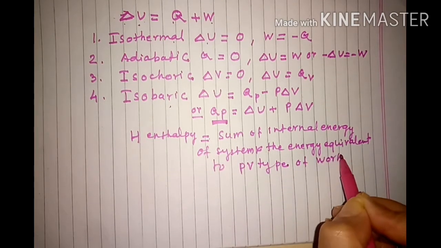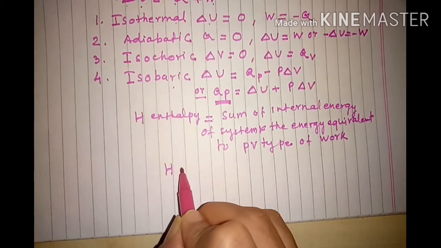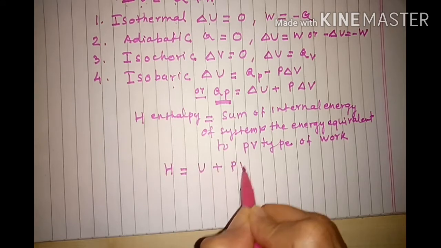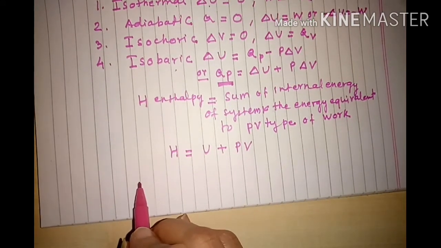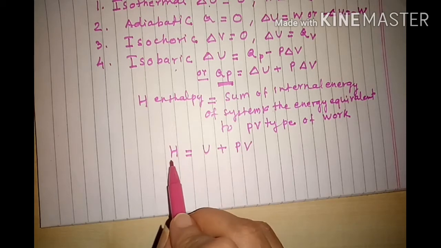Okay, so you can write the same thing in mathematical way, that is enthalpy H is equal to U plus PV.